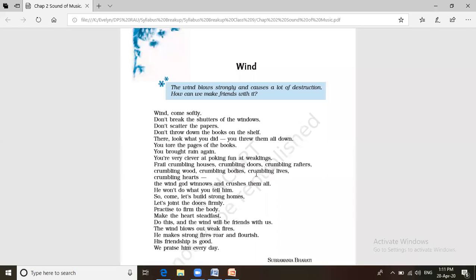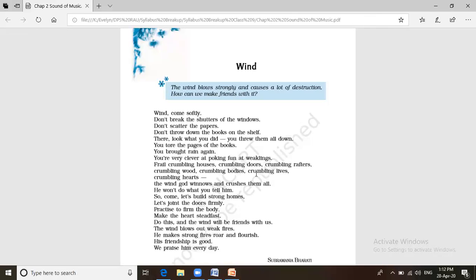Okay, so here the poet is now reprimanding the wind. See what you've done, like how a mother or a teacher would reprimand a child, scold them for what they've done. So the poet talks to the wind, says, look what you've done, what a mess you've made.